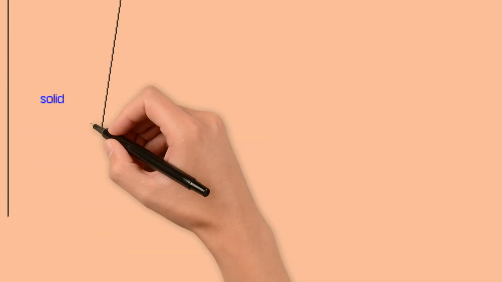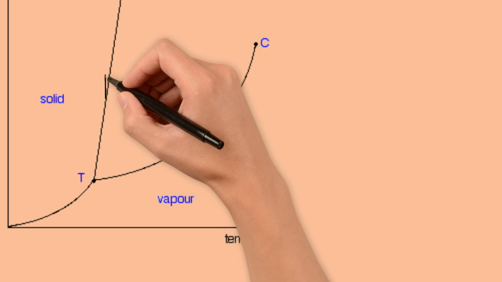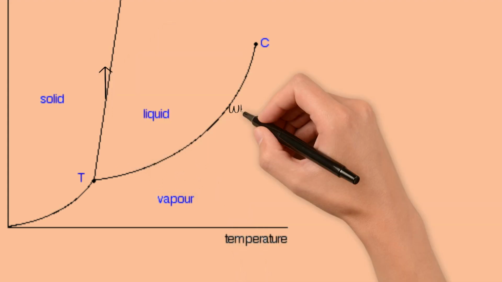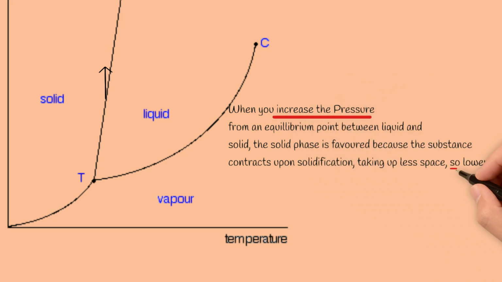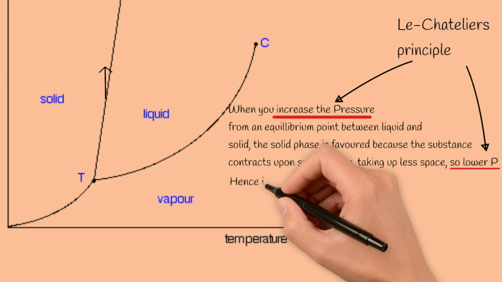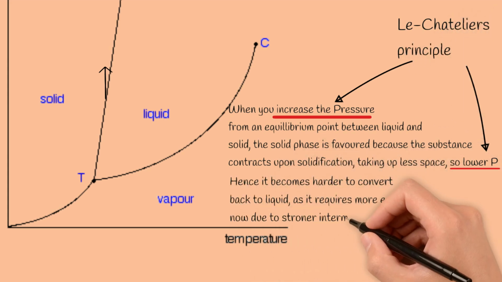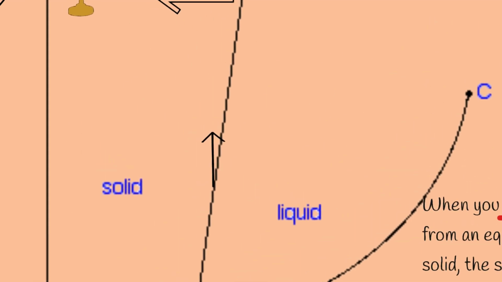So, when you increase the pressure of a solid and liquid at an equilibrium point, the solid phase is favored due to it contracting upon solidification, meaning it has a lower pressure, so it's favored. Hence, it becomes harder to convert back into a liquid as it requires more energy to break the stronger intermolecular forces that form.